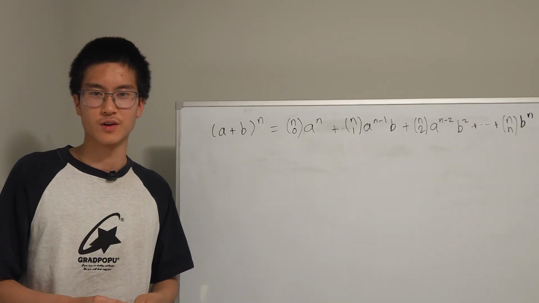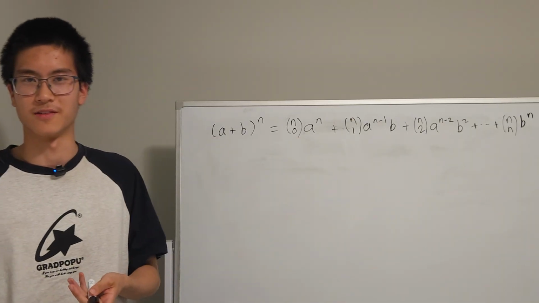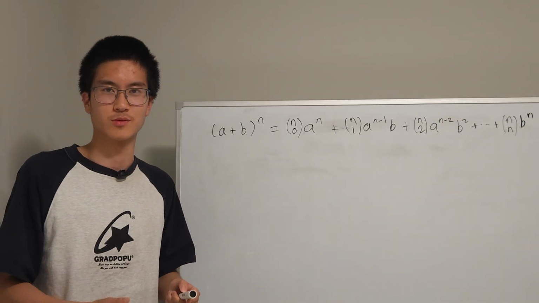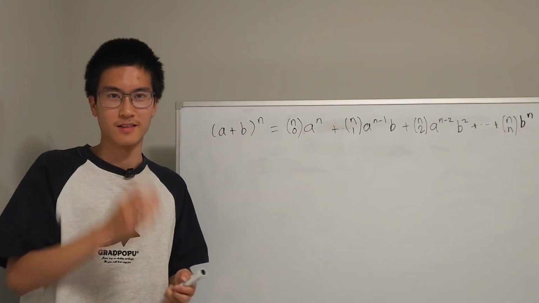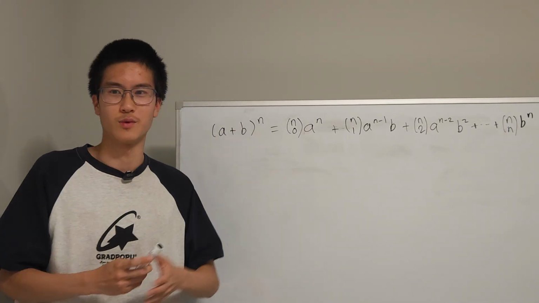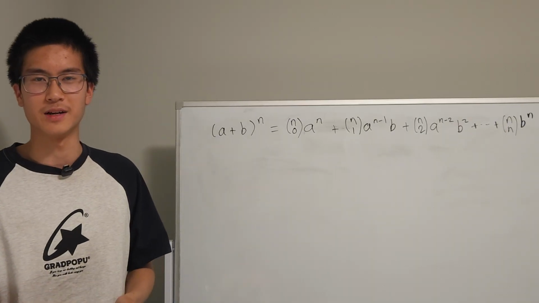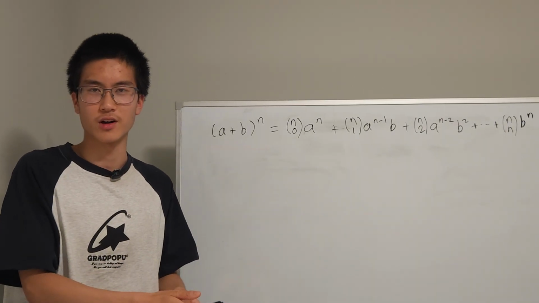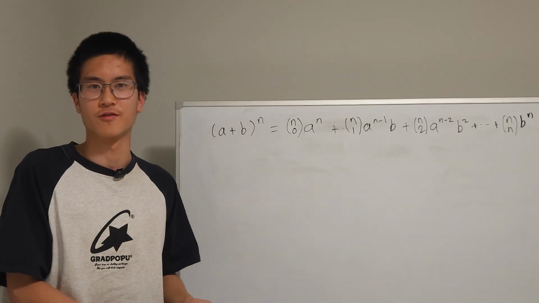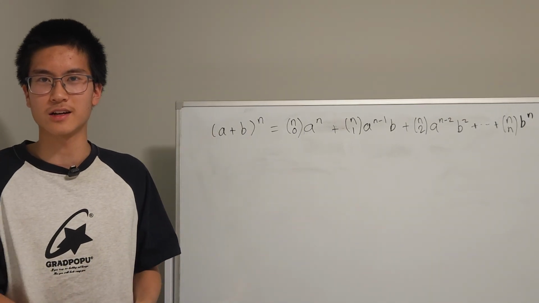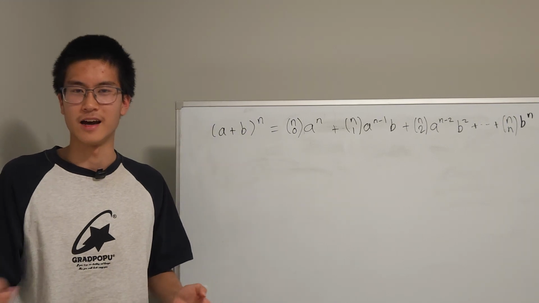We show that if it works for n, it works for n plus 1, and we have our base case, which is 1. This is our starting point. Because this works for n equals 1, it works for n equals 2. Because it works for n equals 2, it works for n equals 3. Because it works for n equals 3, it works for n equals 4. And it goes on, and at the end, we end up getting all of our integers.